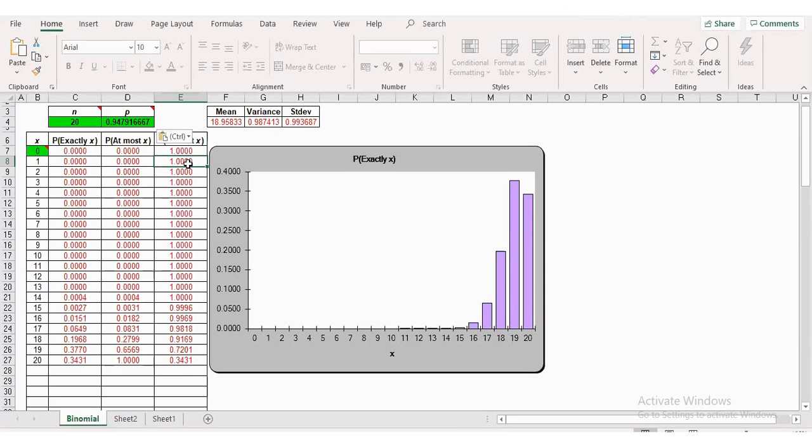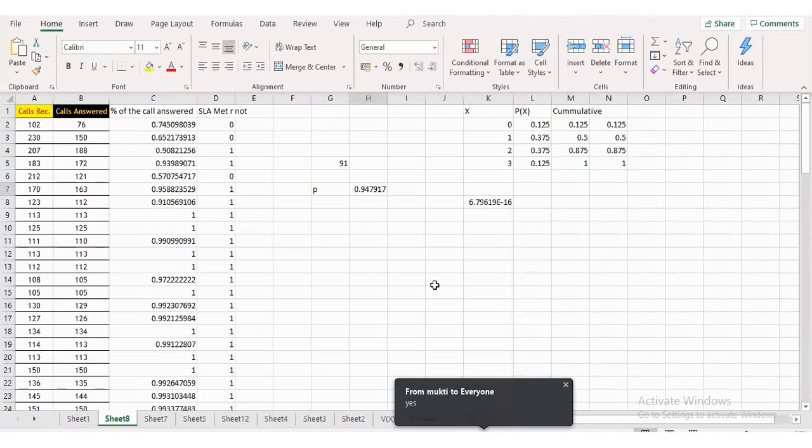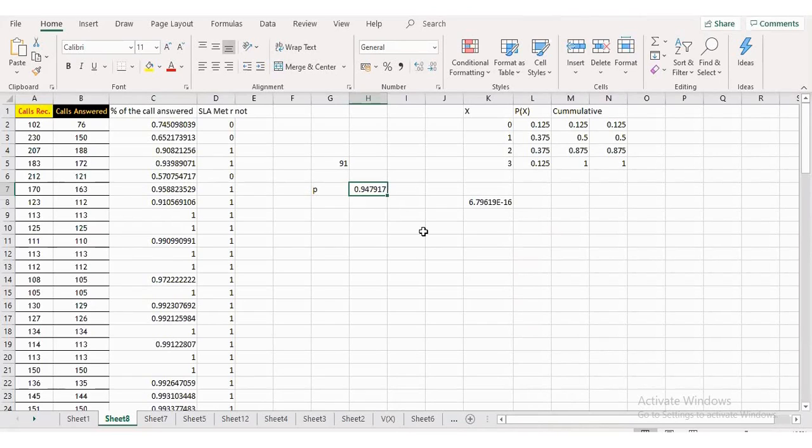Is this clear now? Let me repeat one more time. There is a fruit shop. He kept 20 apples there. He always sells good apples, the majority of the times. What is the majority of the times? That is nothing but around 95%. I'm asking you, out of 20 apples, what is the chance that you are going to get at least one good apple out of 20? 100%.